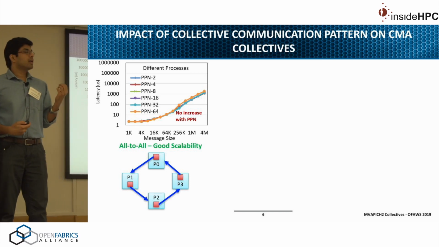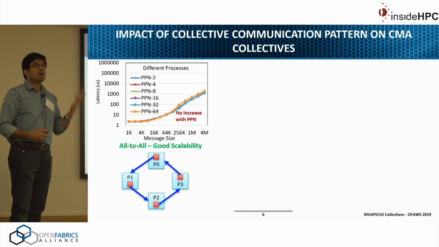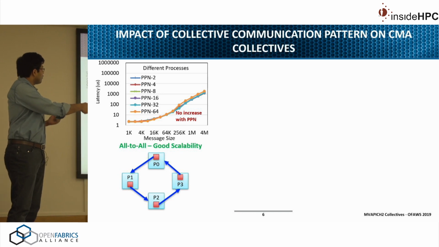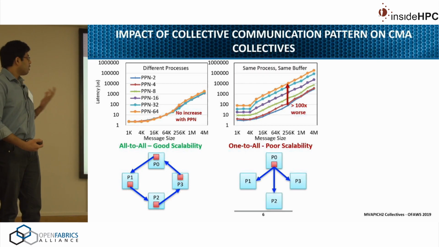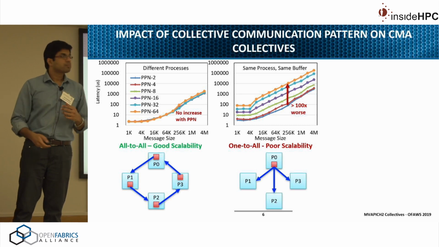How does your collective communication get impacted by bottlenecks in the Linux kernel? If different processes are talking to each other, like in point-to-point, you see that there is no increase in communication latency as the density of communication increases. So point-to-point is fine. But how about a typical collective operation like a one-to-all or an all-to-one?